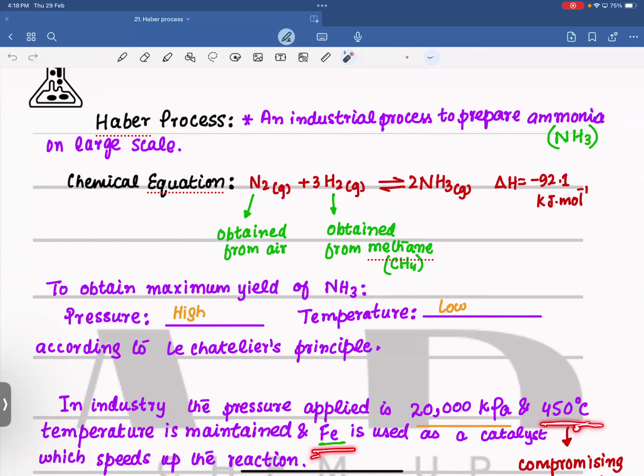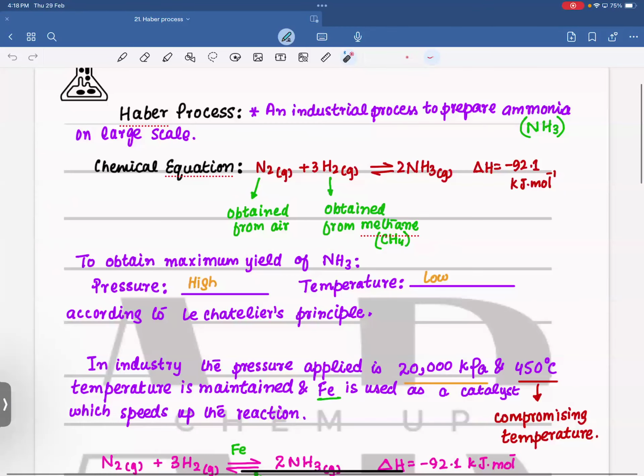Besides this, we are using iron as a catalyst, which speeds up the reaction. As we are not using the low temperature, we are using the higher temperature instead. That's why we consider it a compromise temperature.